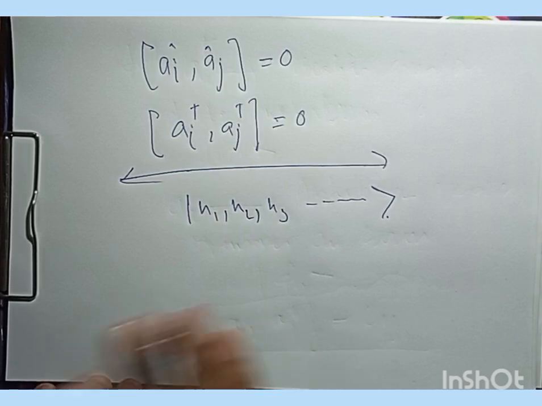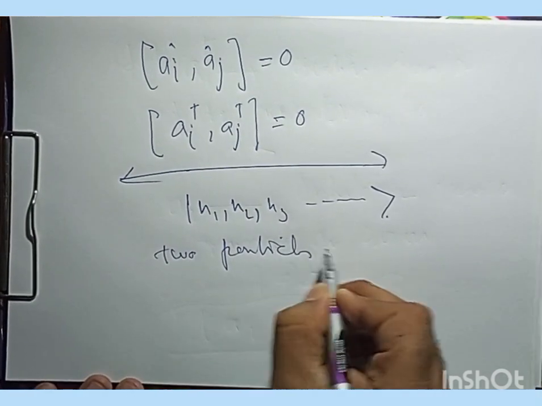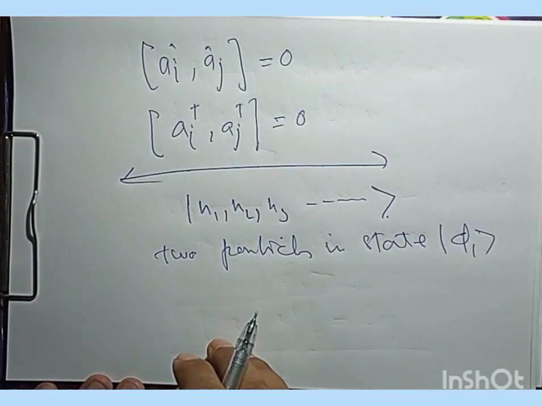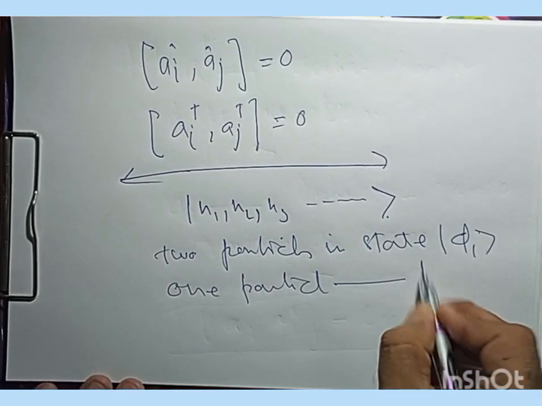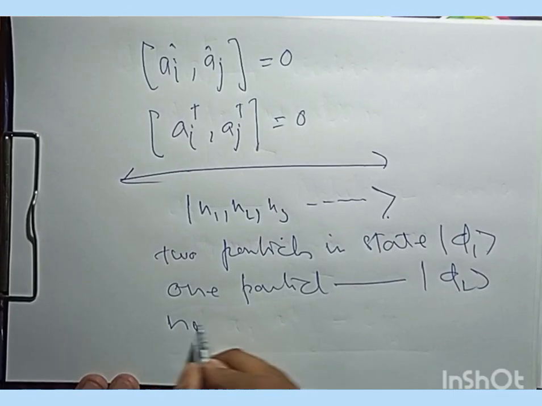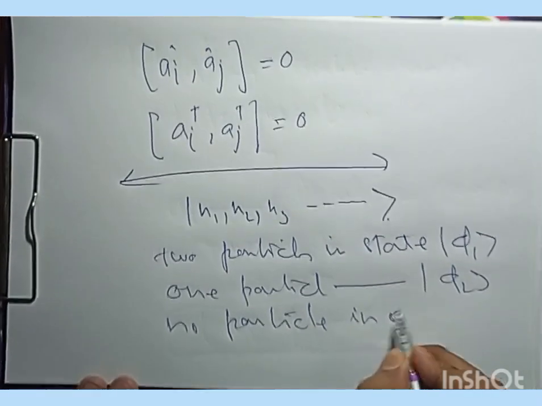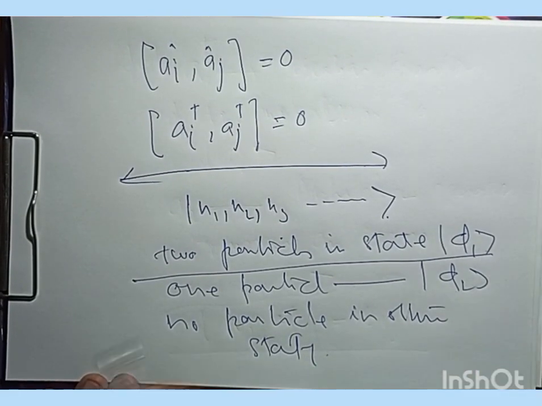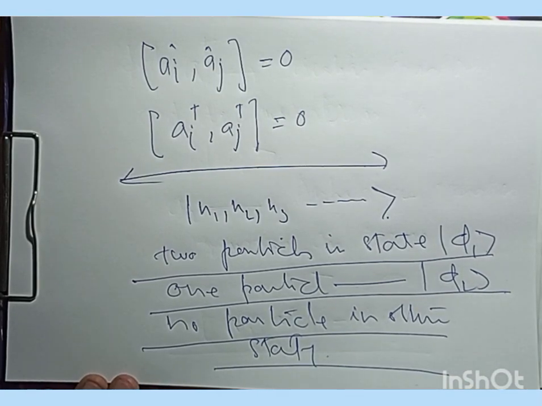For example, if we have two particles in state phi 1, and let's assume one particle in state phi 2, and no particles in other states, we have two particles in phi 1, one particle in phi 2, and no particles in the rest of the states.